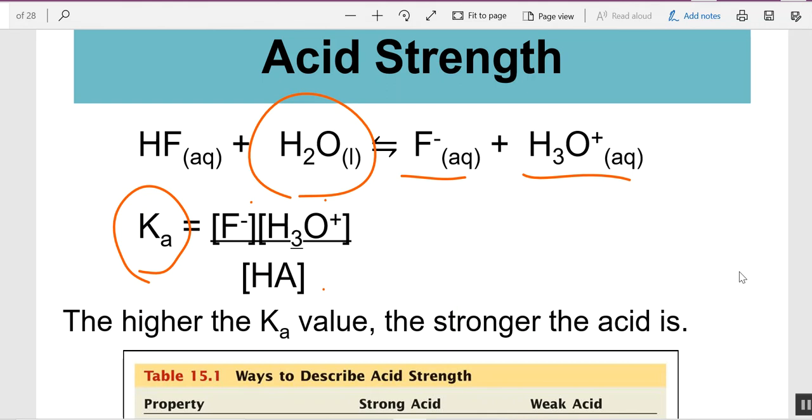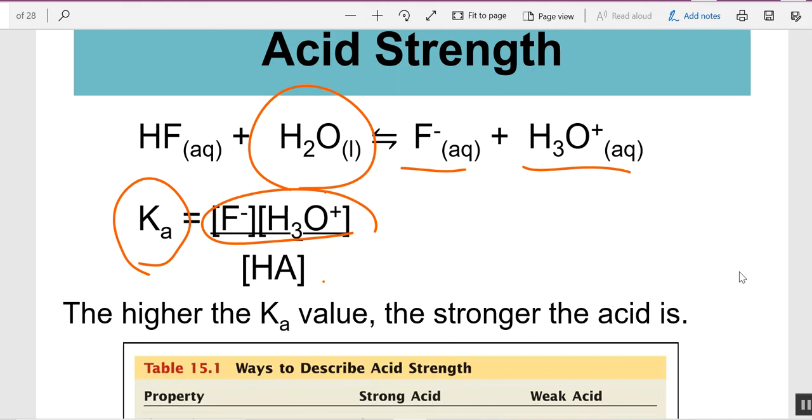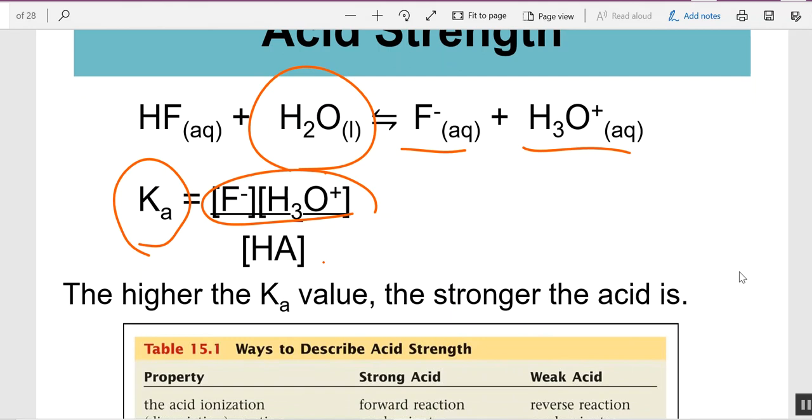And then you can see that when you do this, you can look at the ratio. Ka is basically the ratio of the product over reactant. If the Ka is high, that means you have a lot of product. That means that this acid is pretty strong. Now, if the Ka is small, that means that you don't have much of the product. Most of it stays intact as the reactant, so that means that the acid is weak.